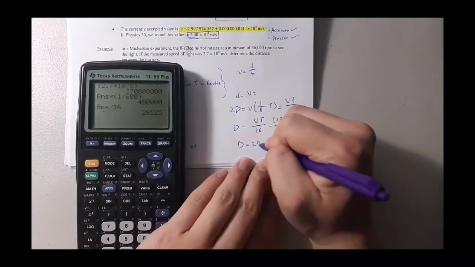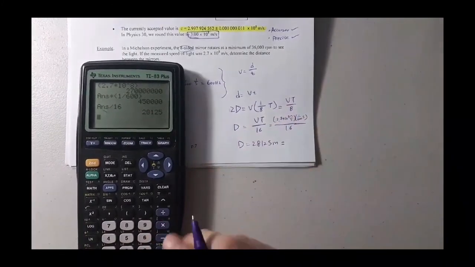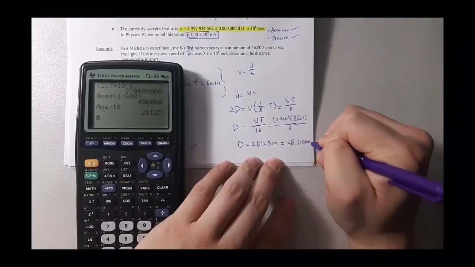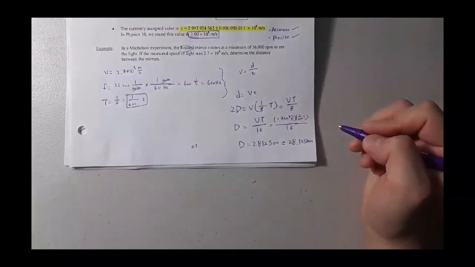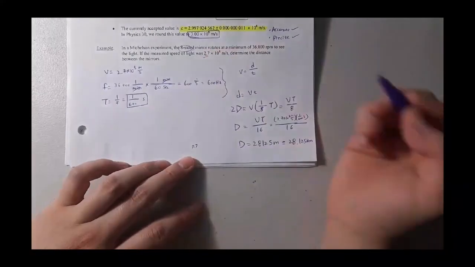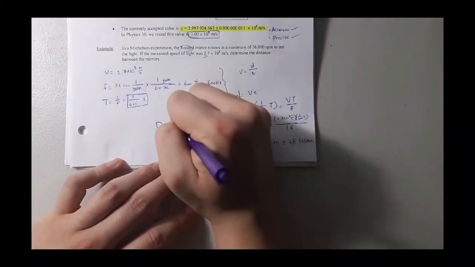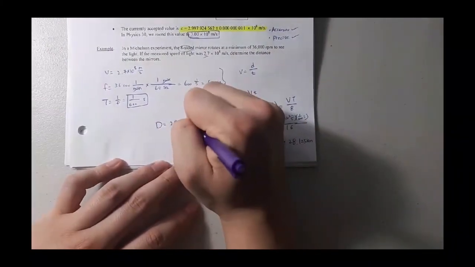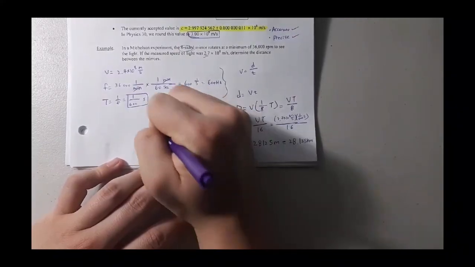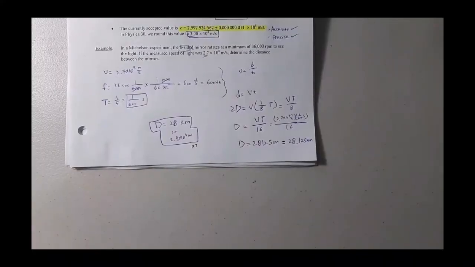I have 28125 meters, or if I divide it by 1,000, that's 28.125 kilometers. You may want to use scientific notation. 2 significant digits is what I have. So this is 28 kilometers. I do not know which one you will see, but any of those are acceptable.